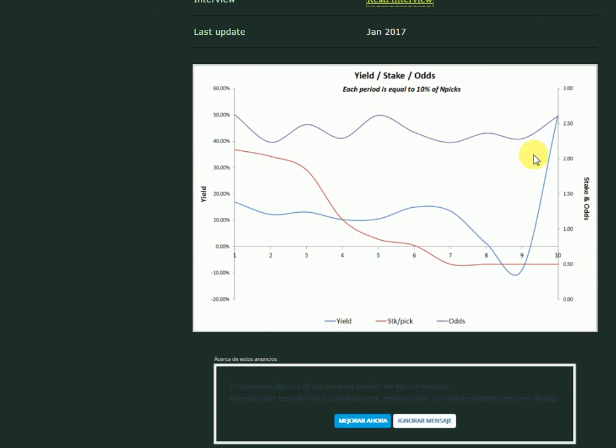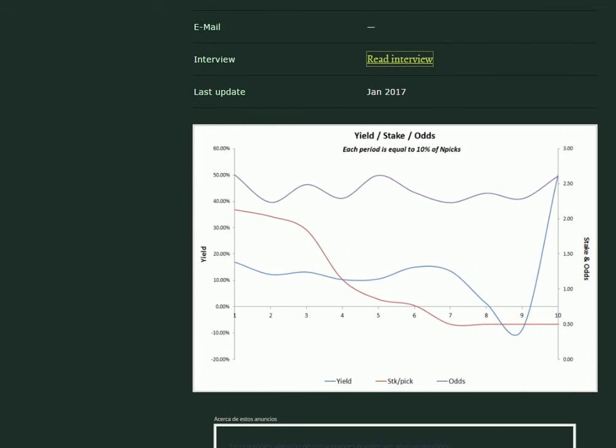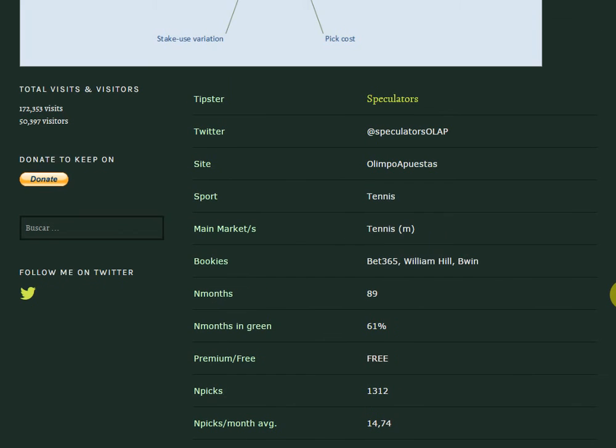In this case he was using 2 units per pick on average, then slightly decreased it until the 3rd period, and after that it decreased significantly, and now he's publishing picks with 0.5 units of stake per pick. It's kind of a flat stake now. Okay, and that's basically what we should take into account when we look at this analysis.